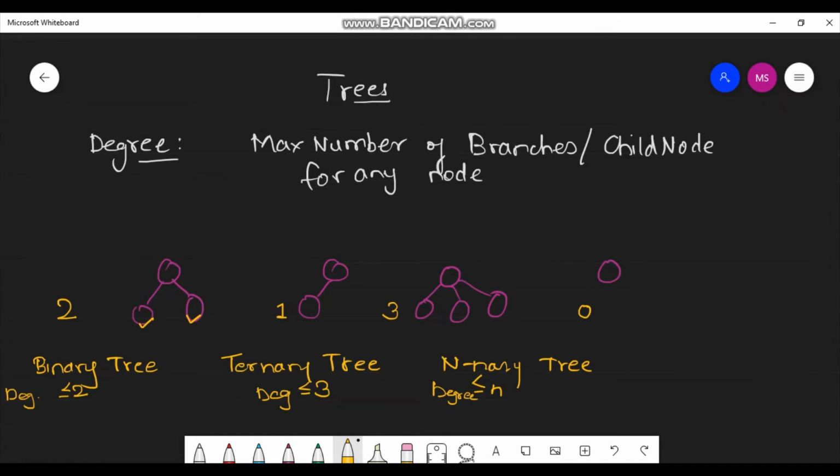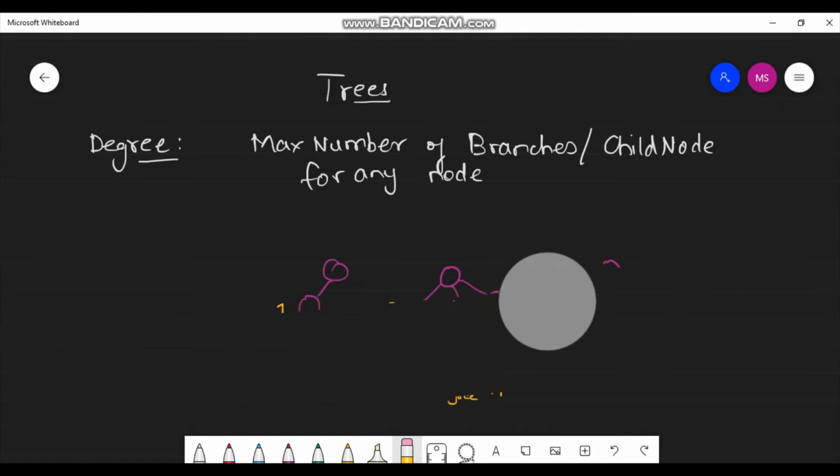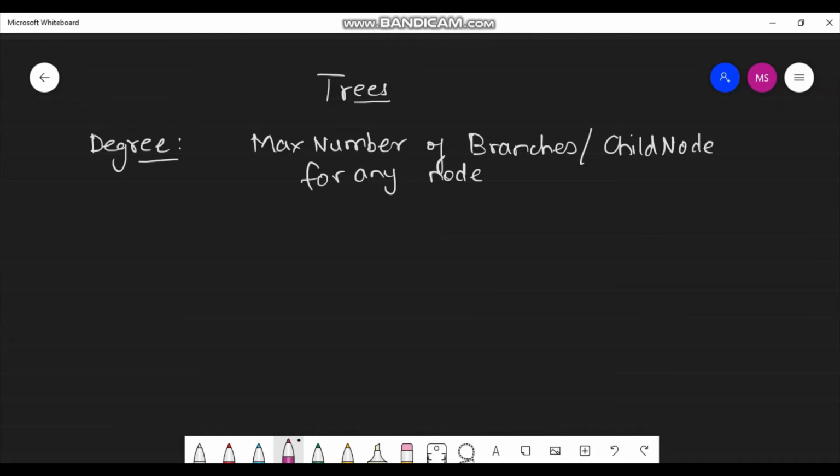So for example, if I get a question like which tree is it, I can see that this node has 2 child nodes. This has 0, this has 2 again, this is 0, and this is 2 again, right?